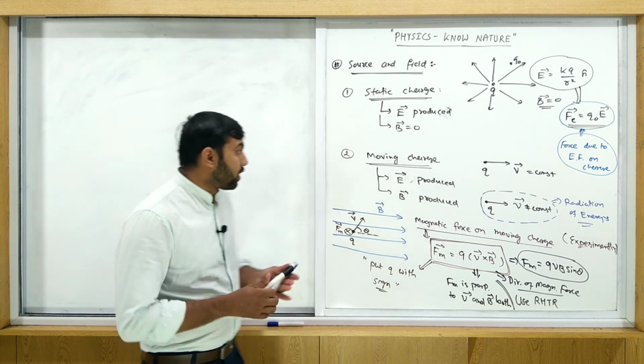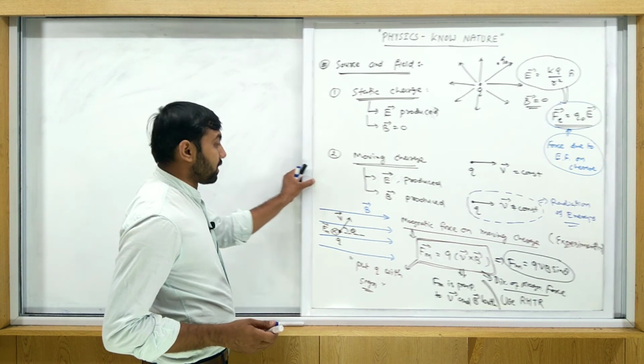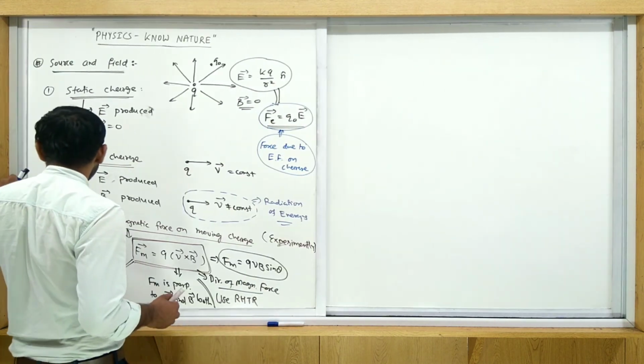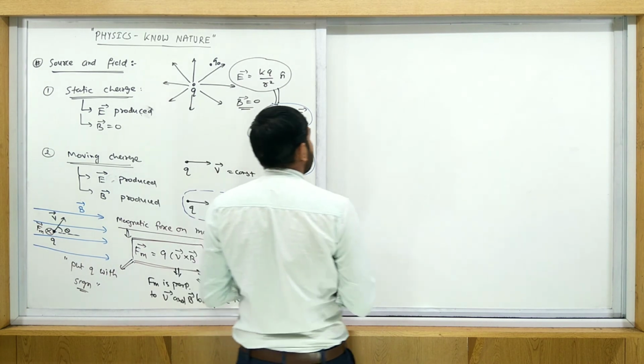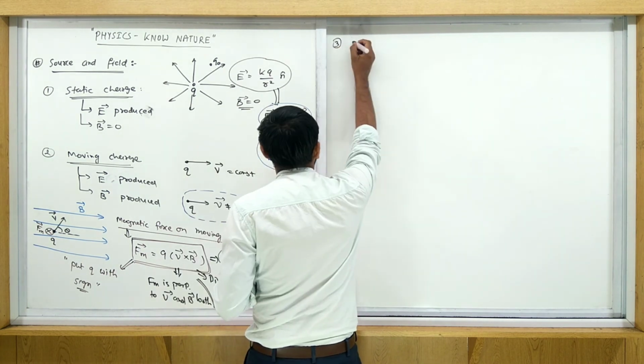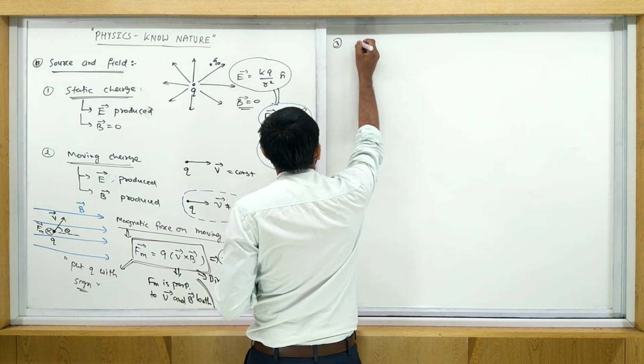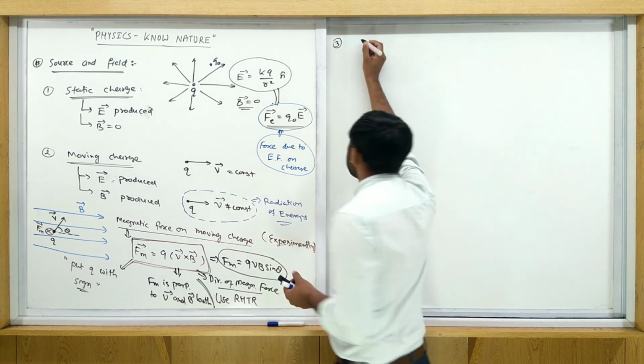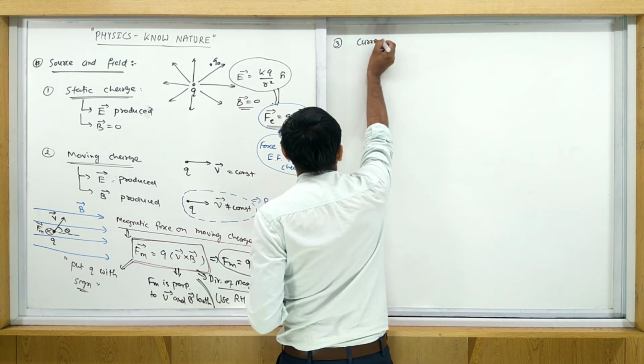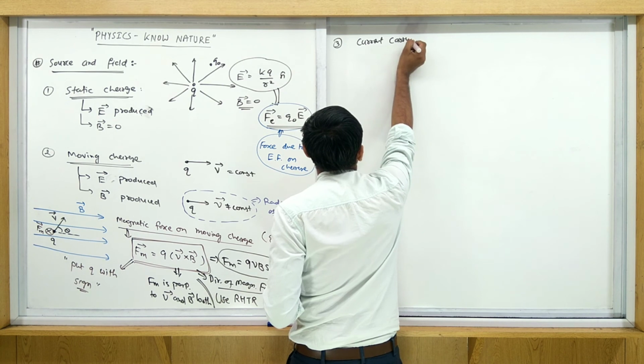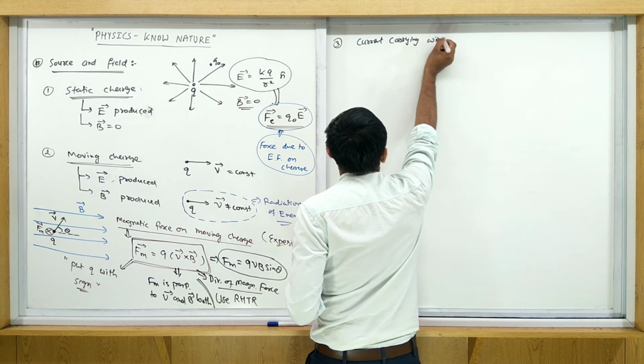Okay, and the third case, if you consider a wire, if you change the source, suppose the third case is a wire. A conducting wire means a current carrying wire.